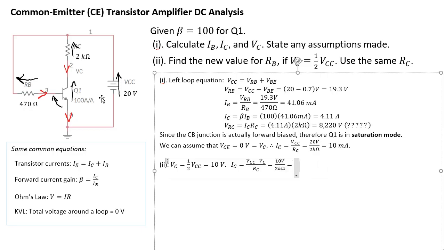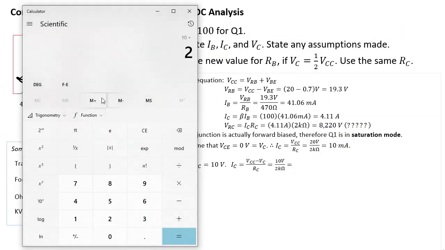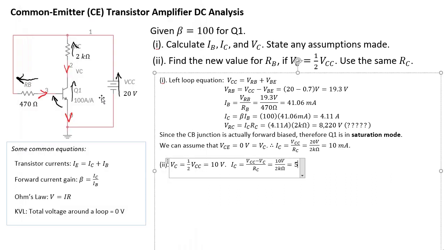So 10 divided by 2,000 is 5 milliamps. So now IC is 5 milliamps. With that, we can now go back to working out what the new RB should be, given this new IC.